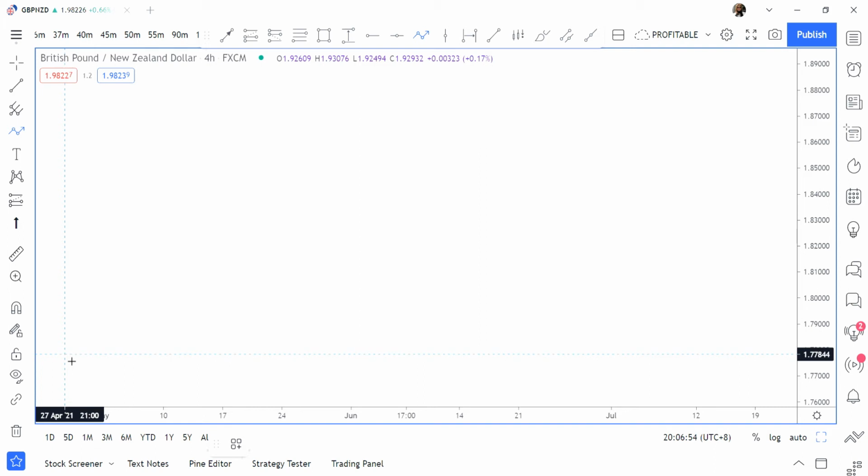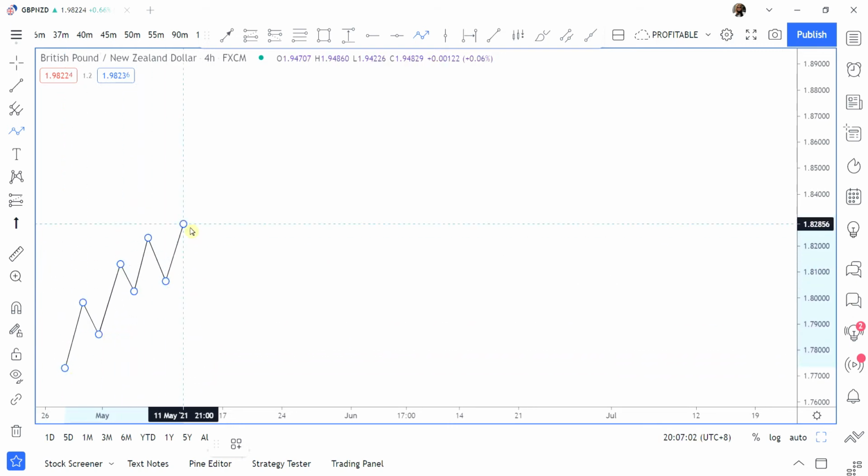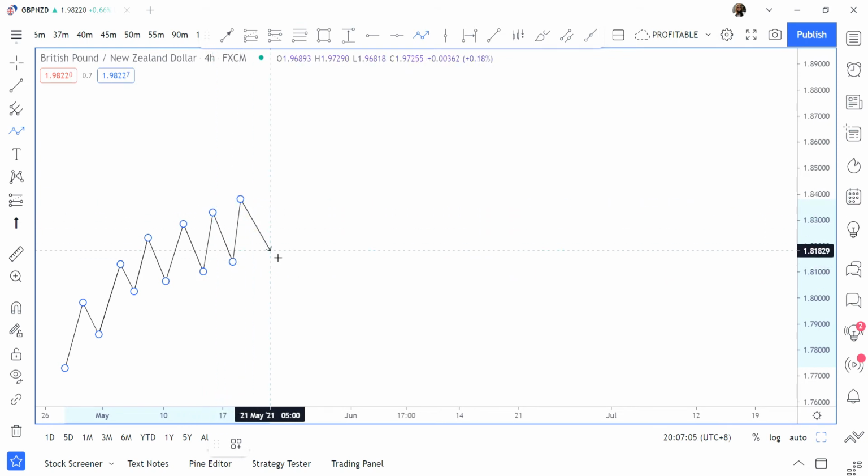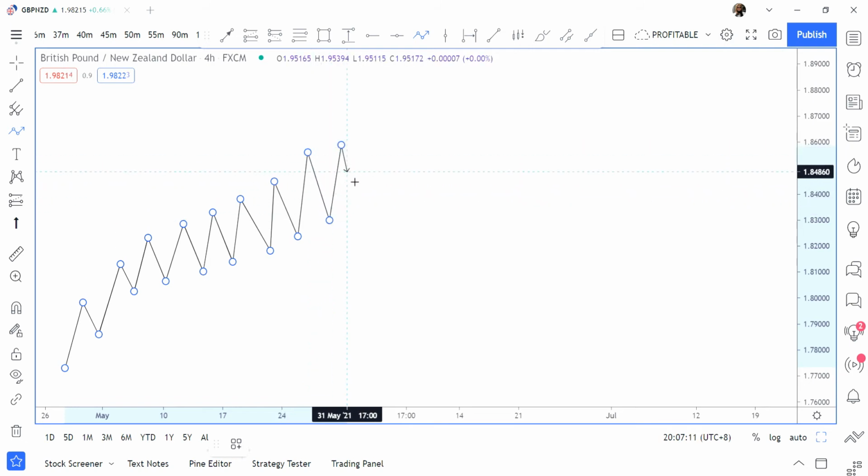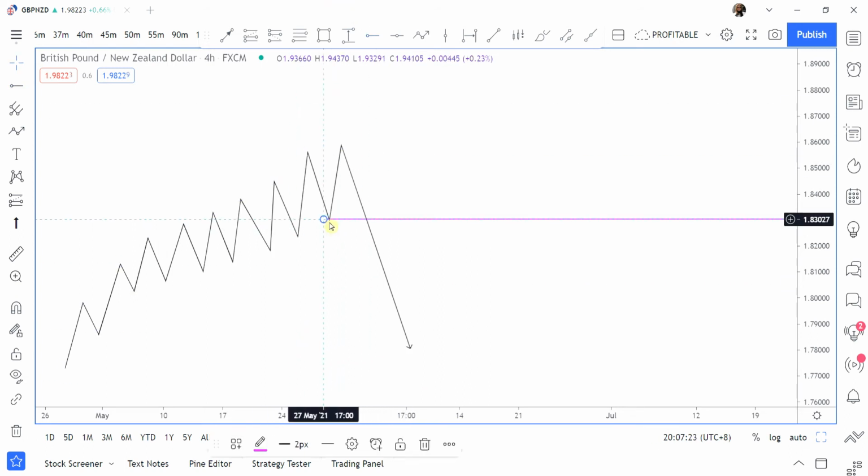So what we need to look for is an uptrend. Okay, something that looks like this. An uptrend is not perfect, but this is almost perfect. And then all of a sudden, price breaks structure to the downside with big candles, rapid movement, breaking the structure to the downside.